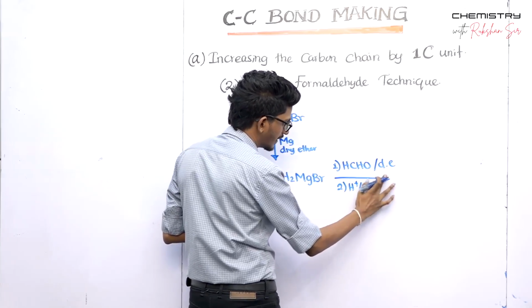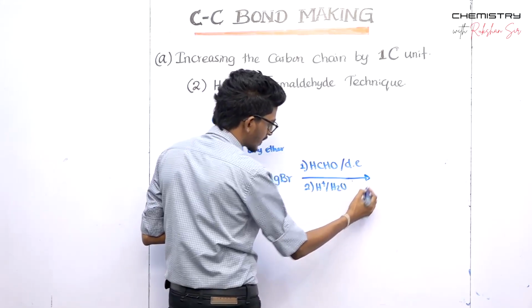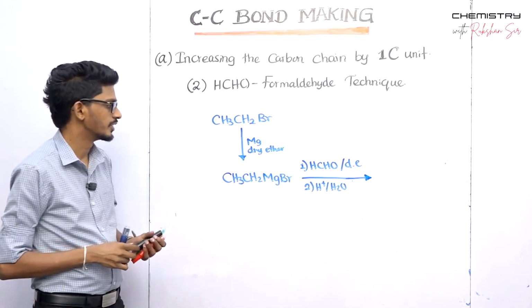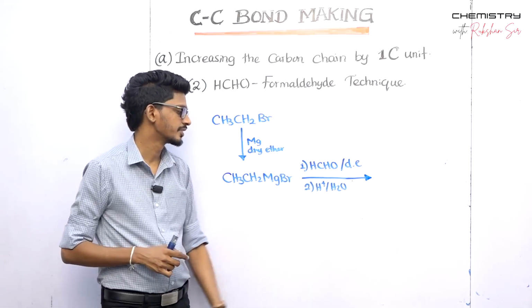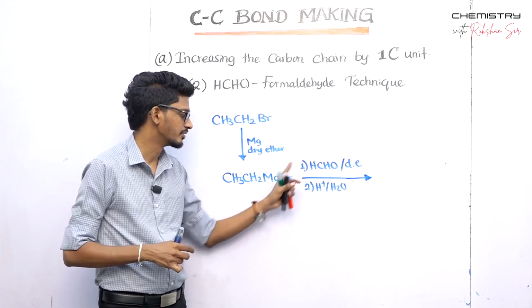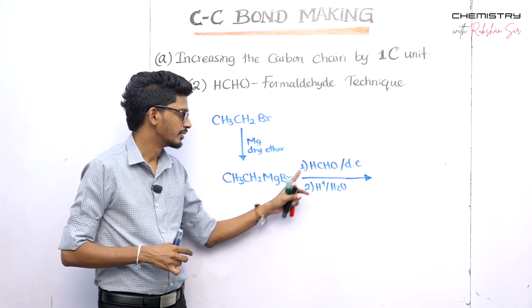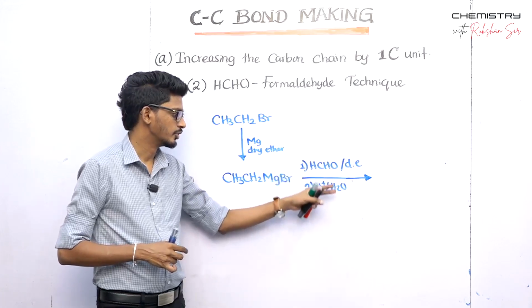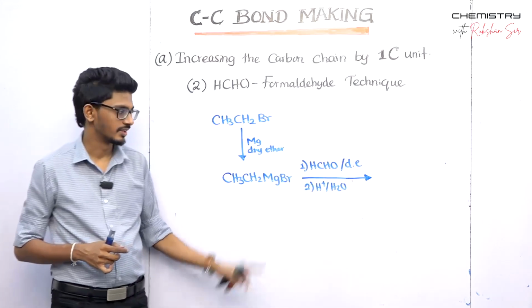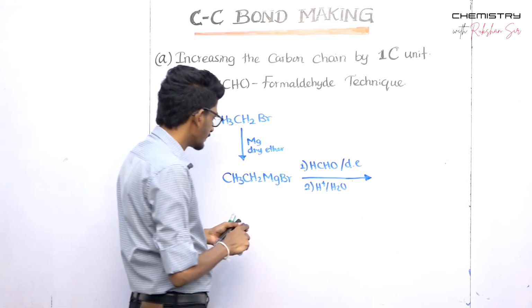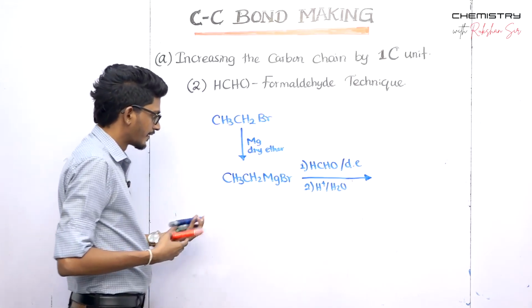Normally you use Grignard like this. Earlier we had discussed how to use the Grignard with aldehydes and ketones. When an aldehyde or ketone is reacted with the Grignard, it is done in dry ether medium, and after that you do an acidic workup. The same thing here.